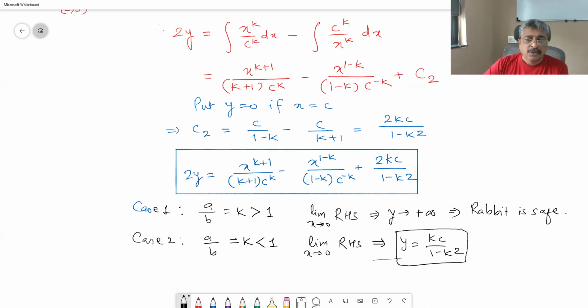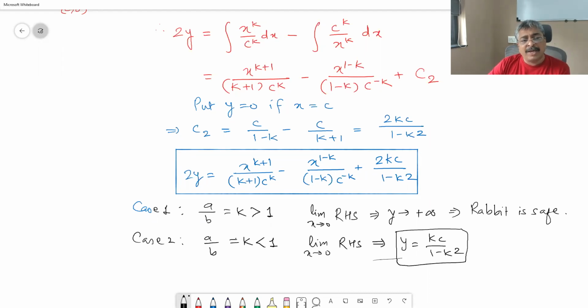Okay. So once we get this particular equation, we are supposed to discuss two cases. If k is greater than 1, we will observe that the RHS as x tends to 0 will tend to infinity, and therefore the rabbit will run away and the fox will not be able to catch him. So the rabbit is safe. In case 2, if k is less than 1, then as x tends to 0, the first term is 0, the second term is 0, then we get distance y is equal to kc upon 1 minus k square.